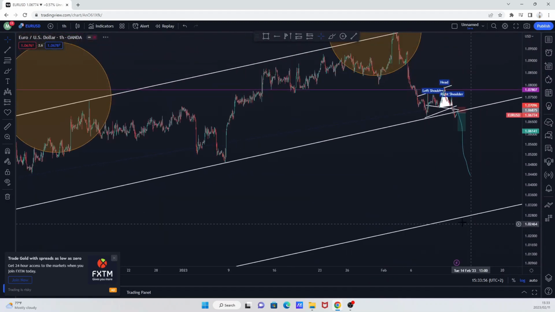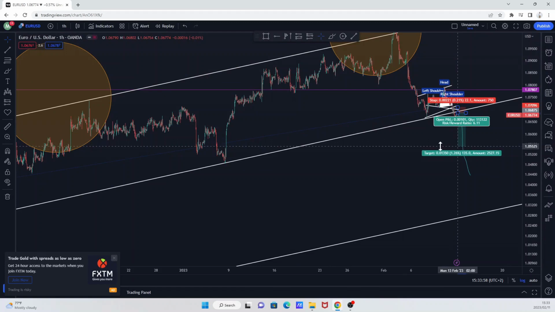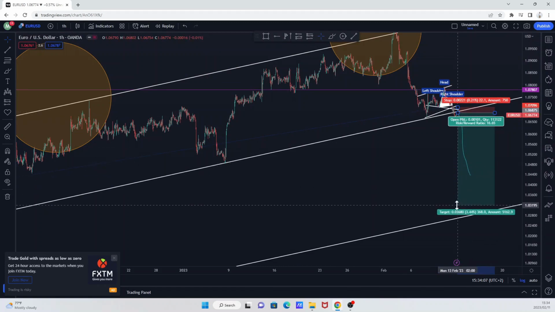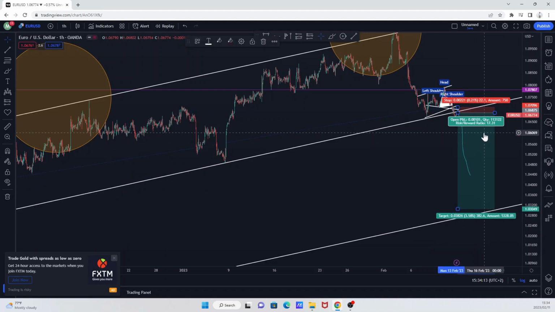My first TP would be here, because there's nothing here, and overall maybe target this region, this area, which is like your 17.31%. That's how much you can make from this going into the next week.